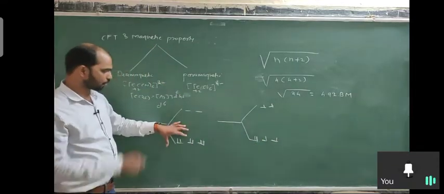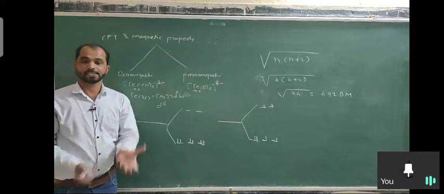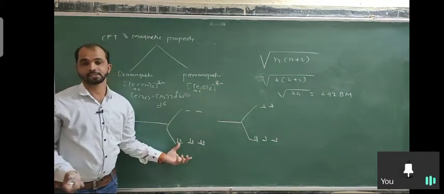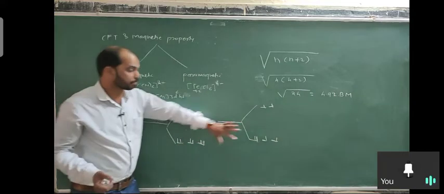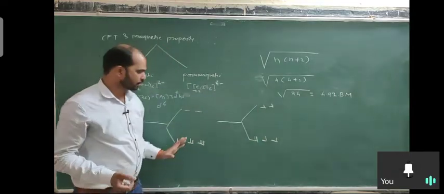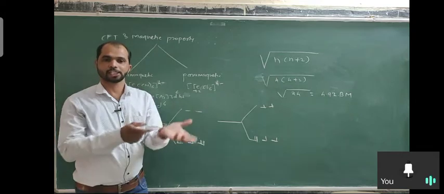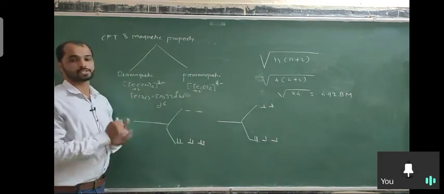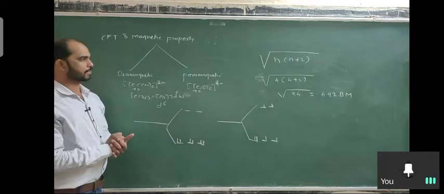But in strong field complexes there are fewer unpaired electrons. This means we consider them low spin complexes, or spin paired complexes, as opposed to spin free complexes. So ionic, covalent, low spin, high spin, spin paired, spin free: these are the distinctions considered in different conditions.